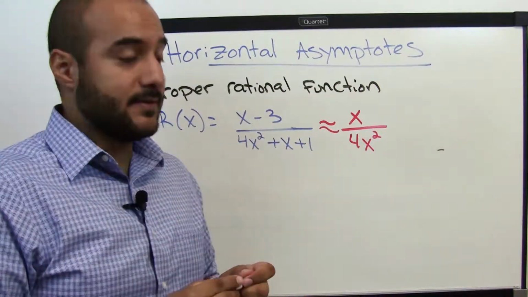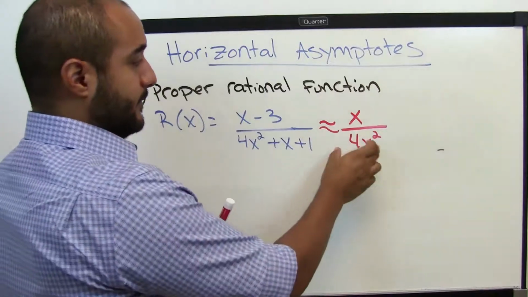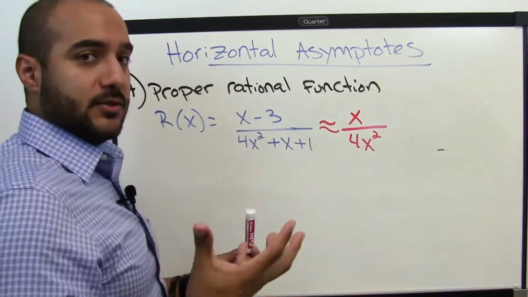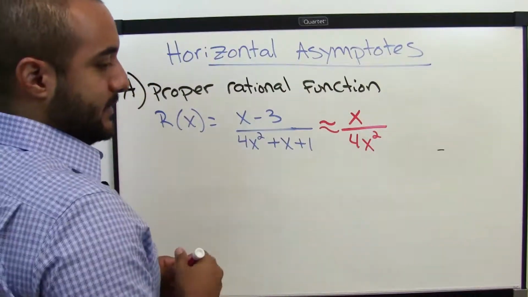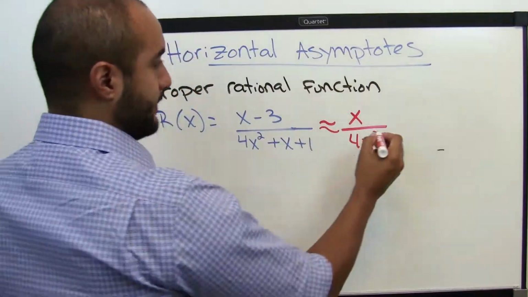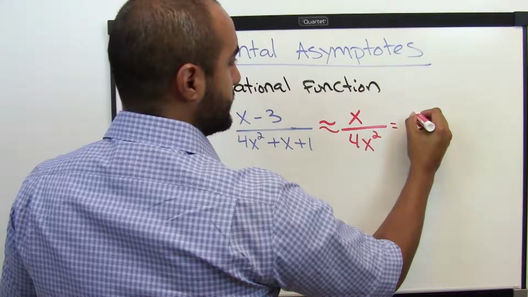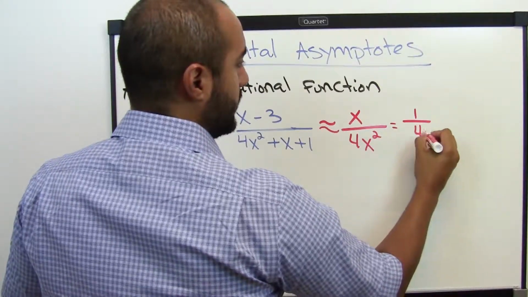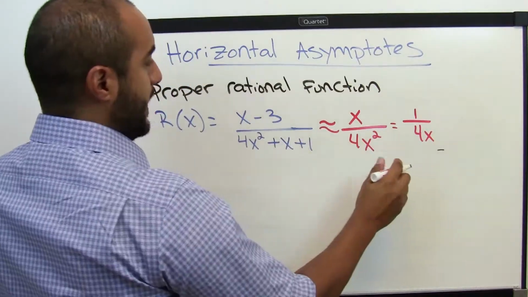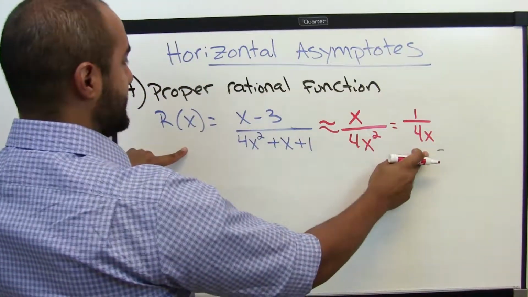So what happens here? If I look at just my leading terms, the ones that start to take over everything that's happening, well, I can simplify that, right? I can simplify this into 1 over 4x. And look at what happens here.